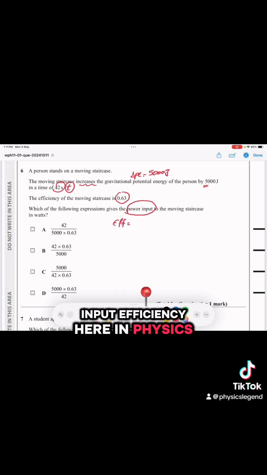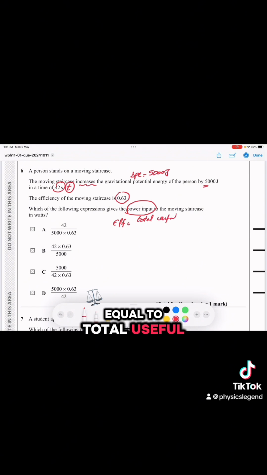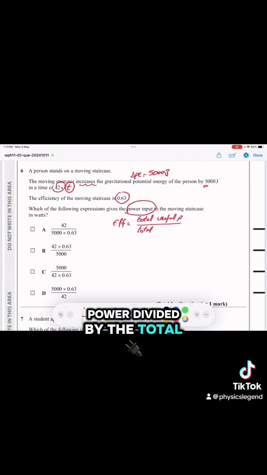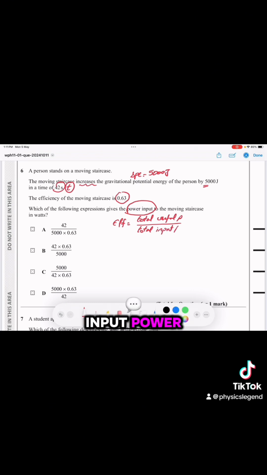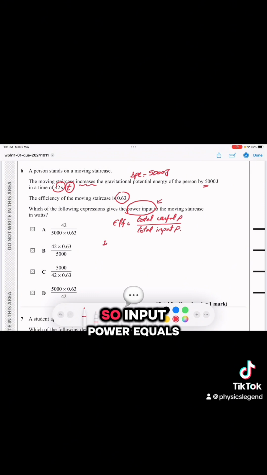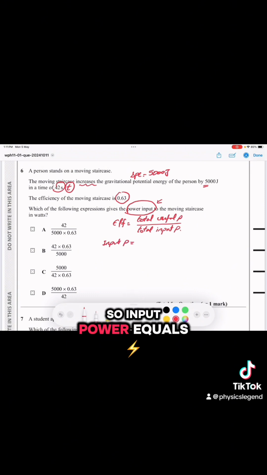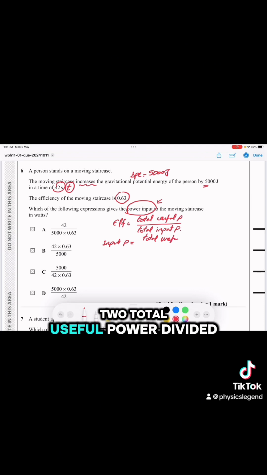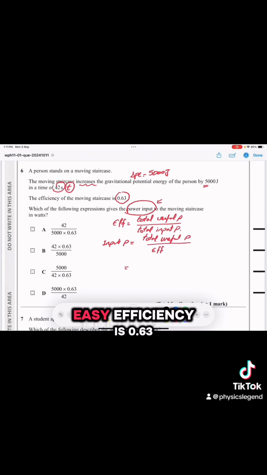Efficiency here in physics equals total useful power divided by total input power. You want what? Input power. So input power equals total useful power divided by the efficiency. Easy. Efficiency is 0.63.